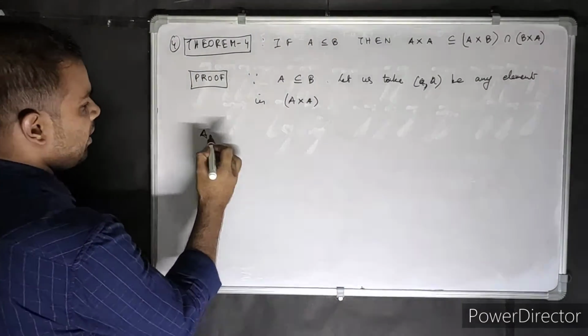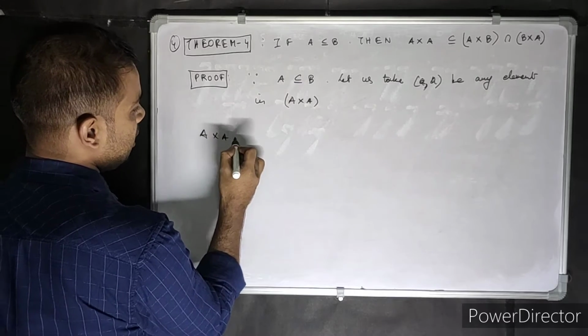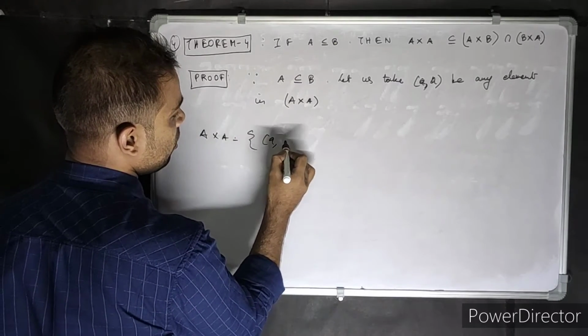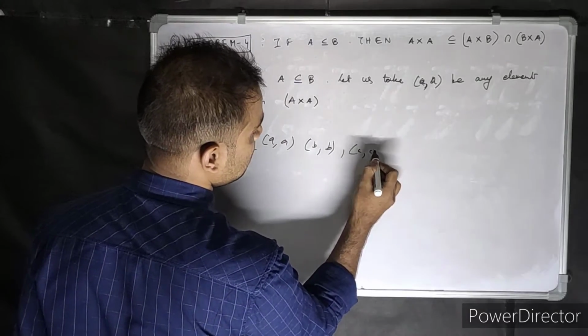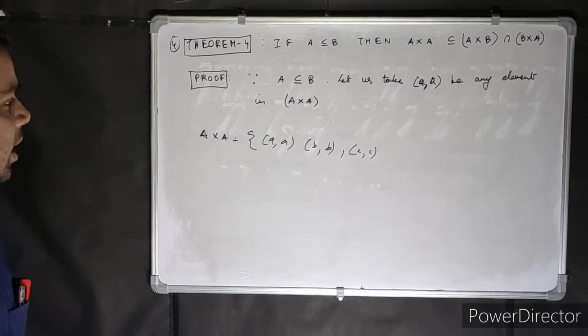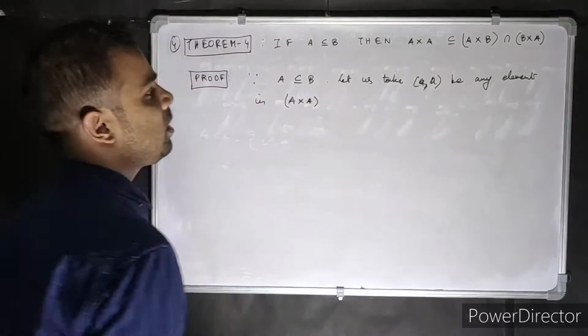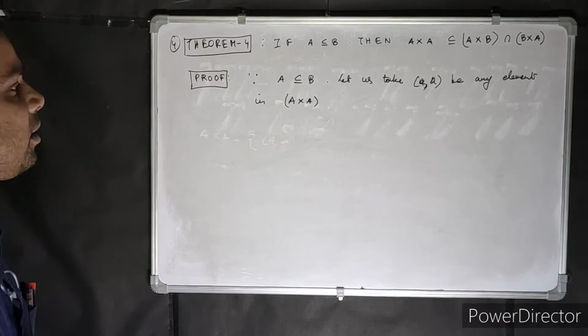We can have it like this: A cross A is, say, (a, a), (b, b), (c, c), like that. So we are taking (a, a) as any element in A cross A.